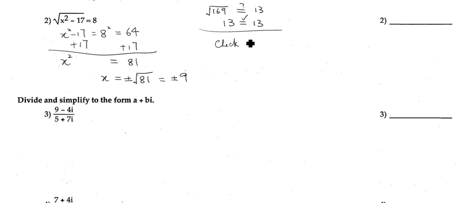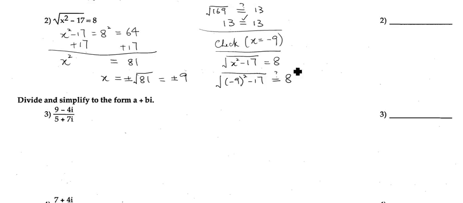You need to check x equals negative 9, let's say, and then you have radical x squared minus 17 equal to 8. Replace the x by your proposed solution, and then put a question mark on top of the equal sign. And then continue.